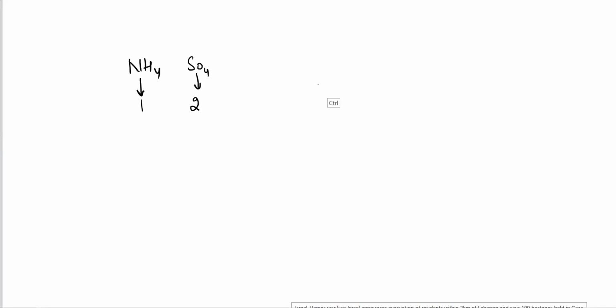You have to put this whole thing in a bracket because this is a polyatomic ion. When we cross multiply a polyatomic ion which has more than one item, we keep it in a bracket. When the multiplier is only one, we don't write a bracket. So this is (NH4) twice, then SO4.